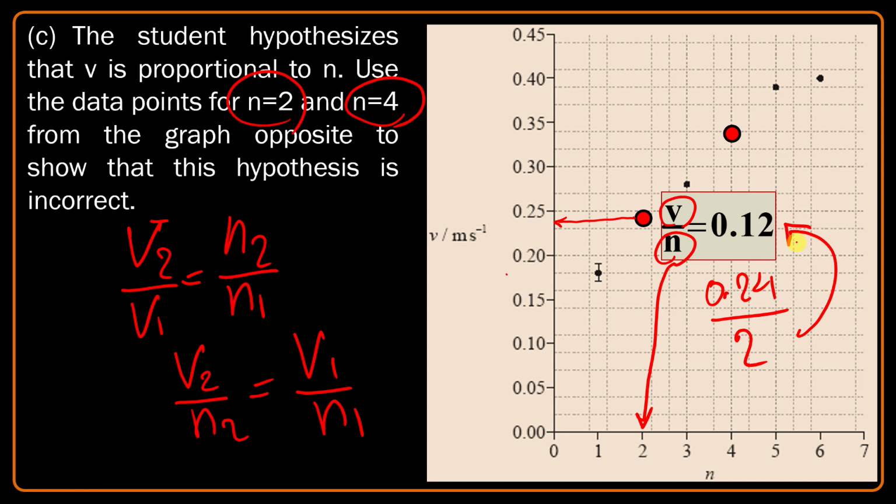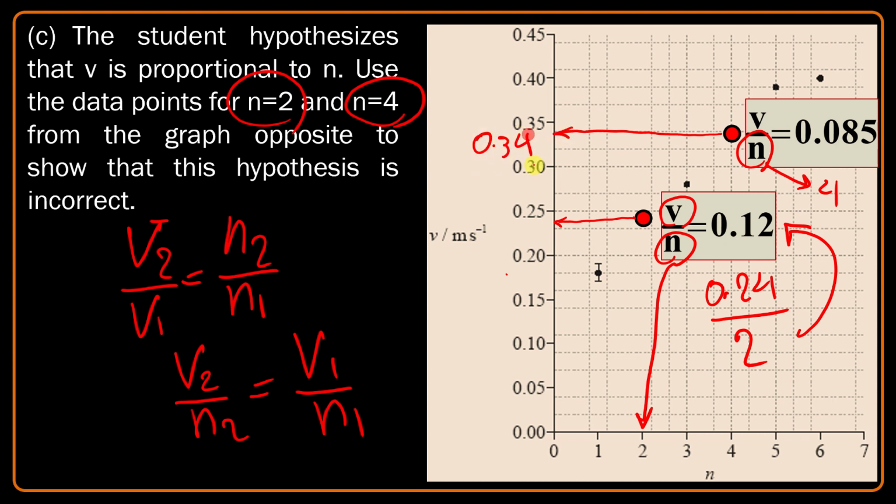I will check V over N again. N is 4 here, and the velocity is 0.34, so V over N is 0.085. Yeah, they are not equal. So V over N cannot take the same value for the two separate points.